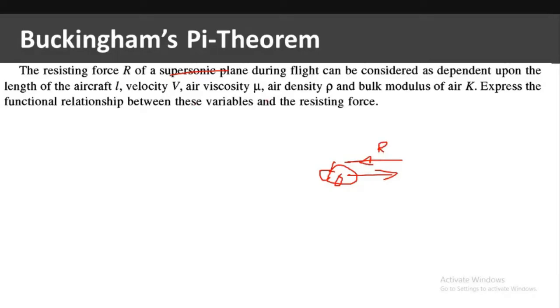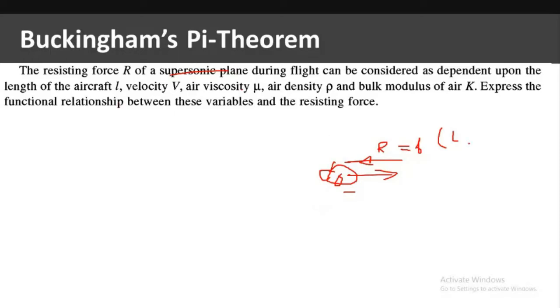So the resisting force on a supersonic plane during a flight can be considered as dependent on the length of the aircraft. Suppose the length changes, then the resisting force will change.